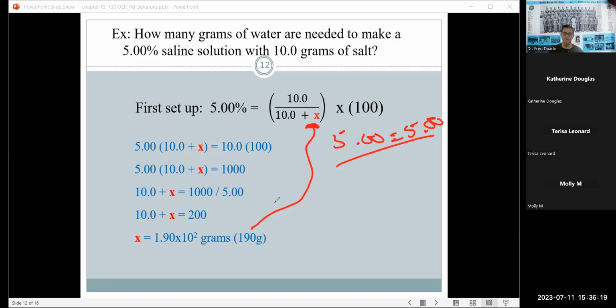So what this means is this: if you take 10 grams of a salt and then you add 190 grams of water, you will end up with a 5% solution.